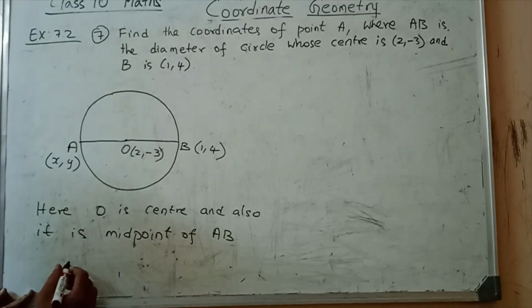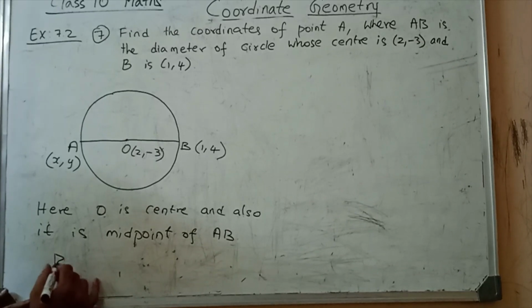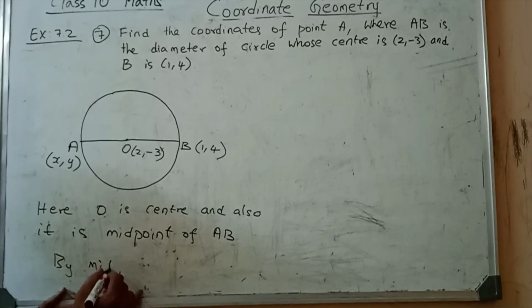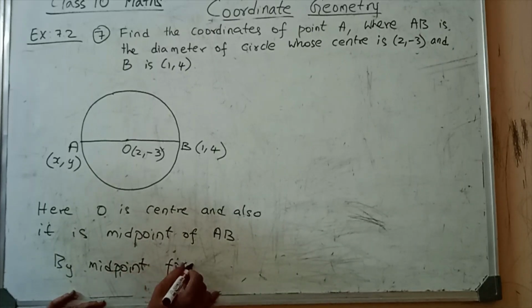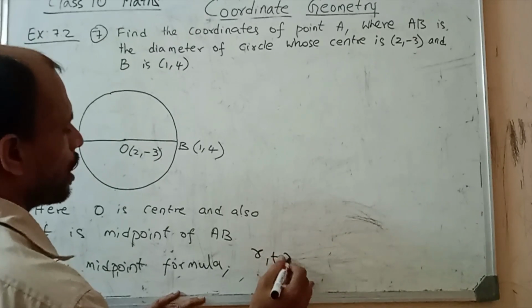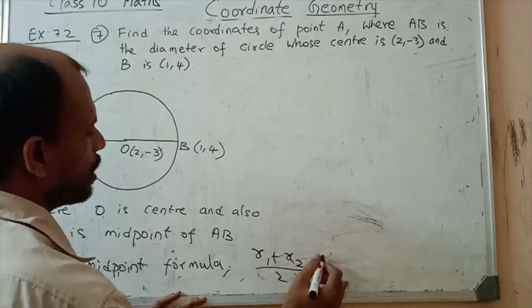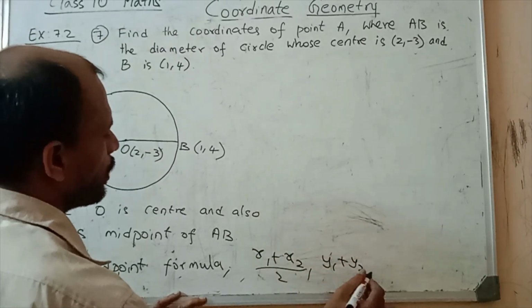So we know the midpoint formula. By the midpoint formula, ((x1 + x2)/2, (y1 + y2)/2).